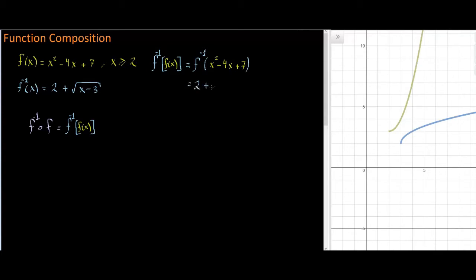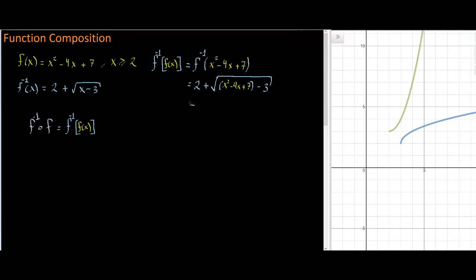2 plus the square root, I'm going to open a parenthesis. I'm going to write here x squared minus 4 times x plus 7, and I'm sorry, this is a minus. And here we also have this negative 3 inside the root. I'm going to close the root here.